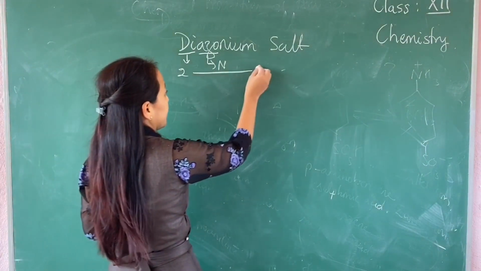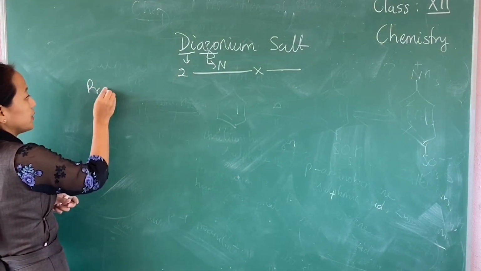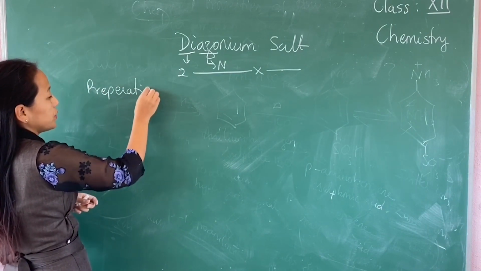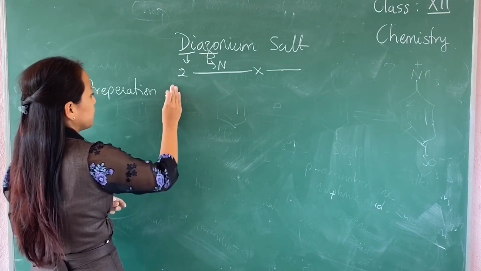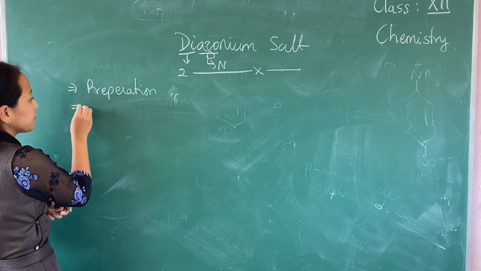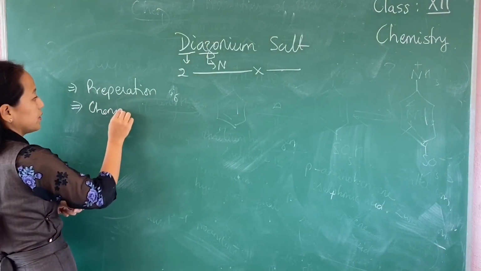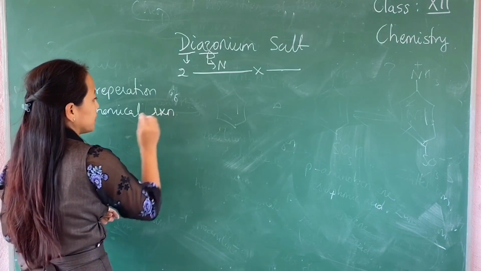So in this case again, we are going to study the preparation of diazonium salt. How are you going to prepare diazonium salt from amines? Preparation of diazonium salt, then you will have the chemical reactions shown by diazonium salt, or the chemical properties.